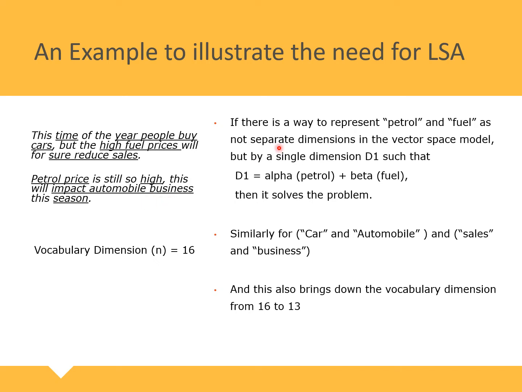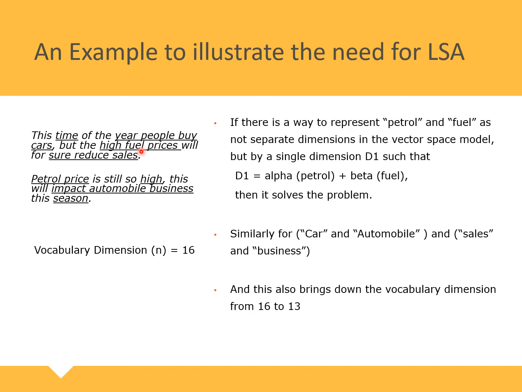So if there is a way by which we can represent petrol and fuel not as separate dimensions in the vector space model, but as a single dimension, then it can help solve the problem, right? Because originally in the vector space model, every unique term will represent an independent dimension of the vector space, right?